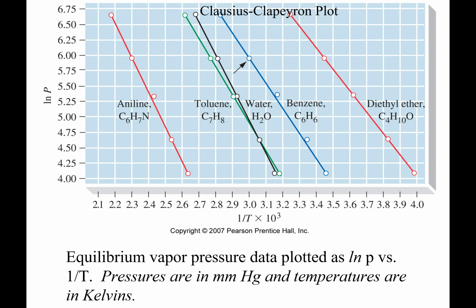Nice linear relationship between the natural log of the equilibrium vapor pressure and the inverse of the absolute temperature. I'm not real thrilled about how this particular x-axis units are, because whatever number you pick off, you have to take it times 10 to the third. I don't know, I just think it's confusing.